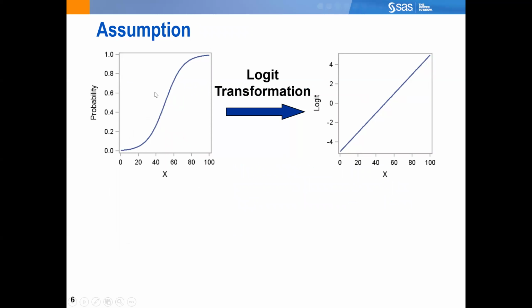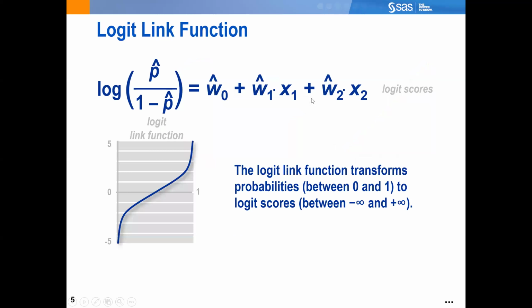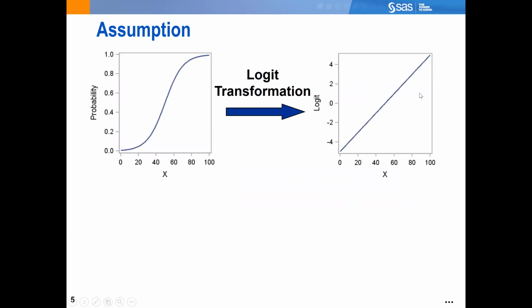This entire thing is called the logit function, and that's the logit score. If you plot those logit scores against the independent variable, you are linearizing the equation. So you're transforming this nonlinear equation into a linear equation using the logit link function.